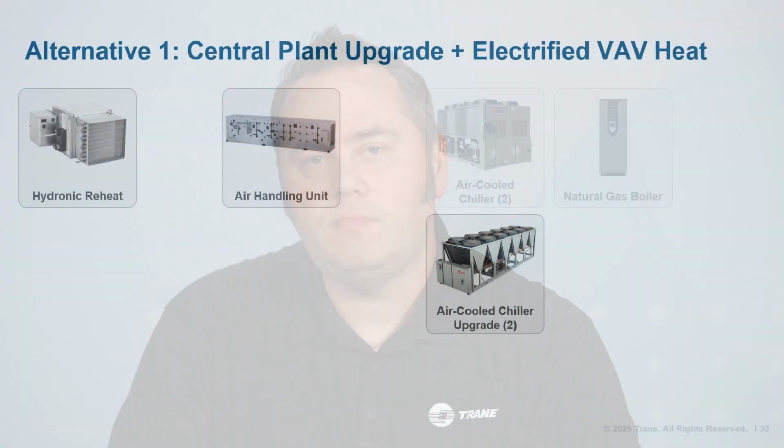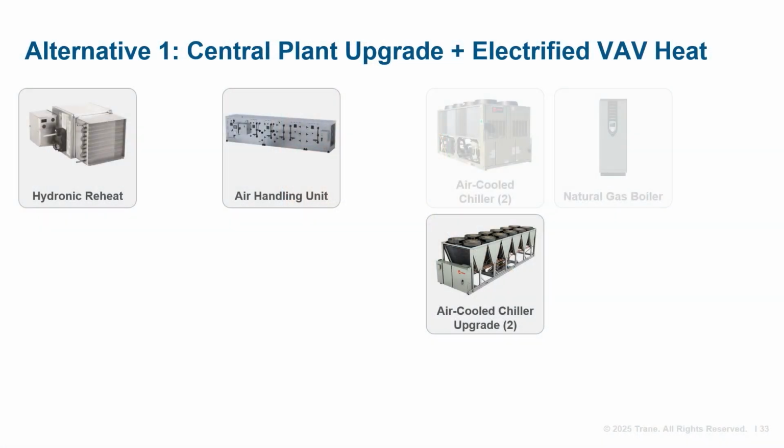So, we have an existing system that requires some equipment to be replaced, but the client wishes to decarbonize and reduce emissions as they upgrade. The baseline doesn't necessarily do this, so let's evaluate some alternatives. The first alternative is to replace the air-cooled chillers with similar models and remove the natural gas boiler.